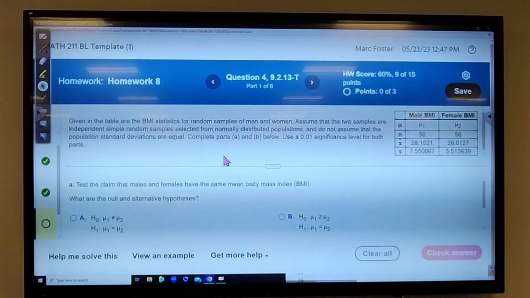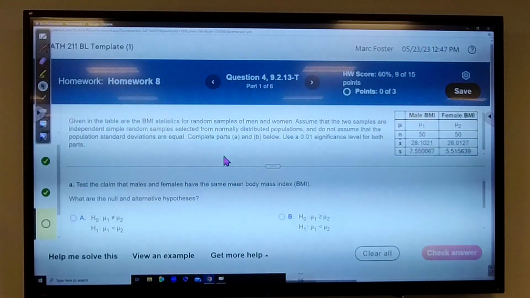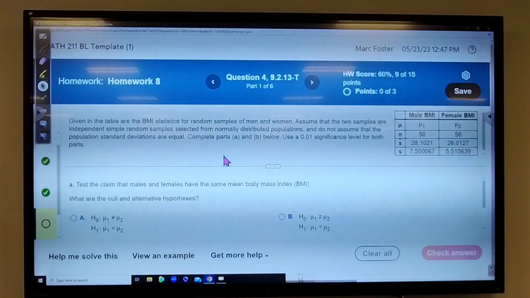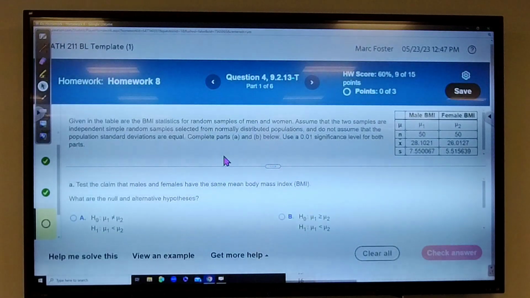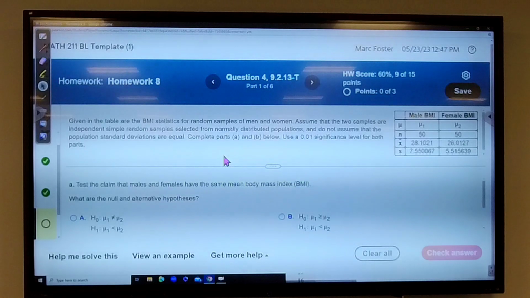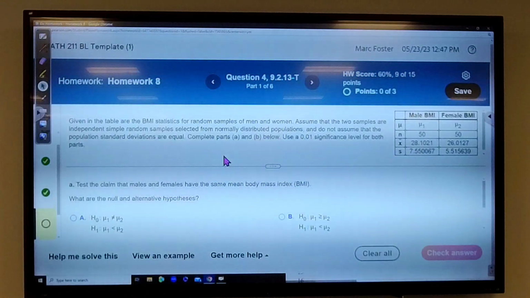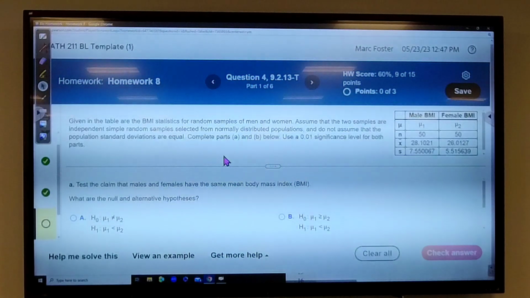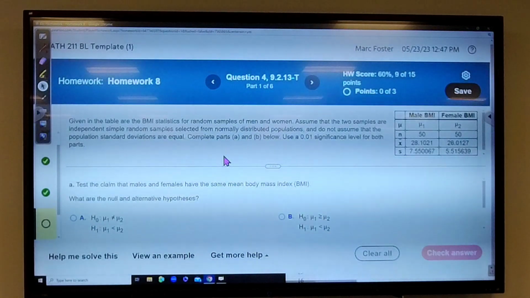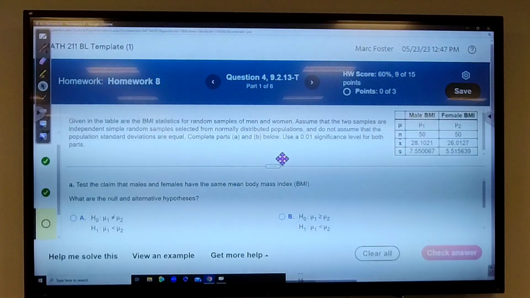Are they the same? Are they different? I might think that they're different if I had no access to any data. It seems like every time I've done this problem, though, it comes out that they're the same. So we'll see what happens to you.